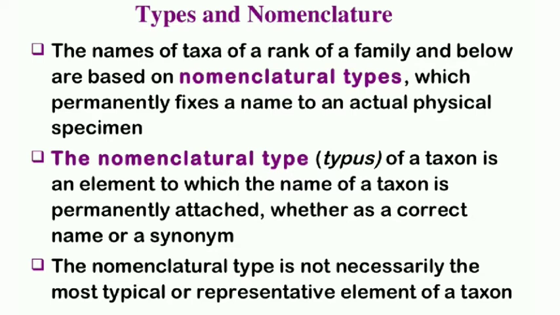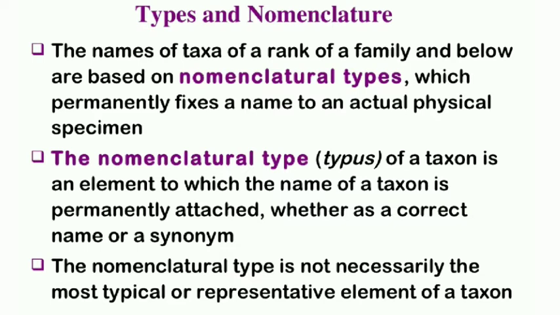So, when one author identifies a plant, collects the plant, and prepares the herbarium, that original specimen is called one type. Okay. The original herbarium sheet, one specimen, is a type.